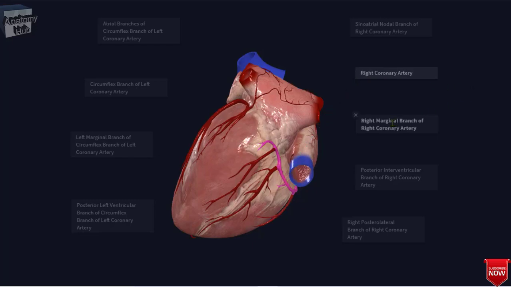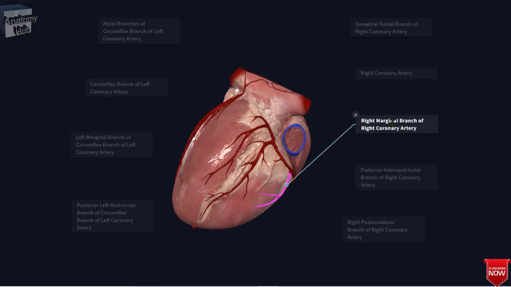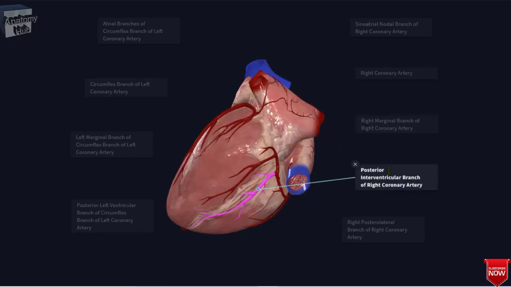The right marginal branch of the right coronary artery supplies the right ventricle and the apex of the heart. The posterior interventricular branch of the right coronary artery supplies the right ventricle, left ventricle and the posterior one-third part of the interventricular septum.